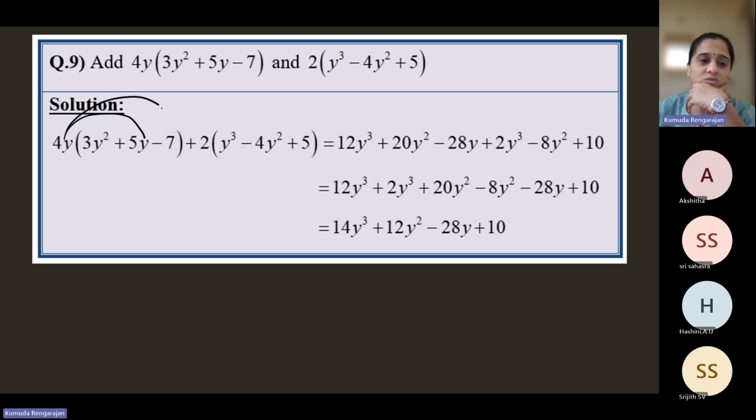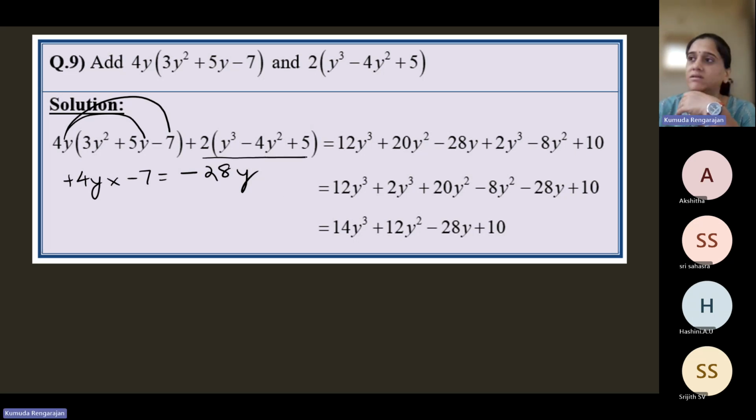Then multiply the signs. We multiply the signs, multiply the numbers, multiply the letters. That's the order. So 4y into minus 7: plus into minus is minus. 4 7s are 28y, minus 28y.